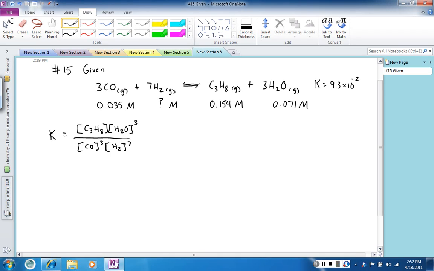Remember, we care about gases and aqueous species for making equilibrium expressions. We don't include solids or liquids. These are all gases, so they all get included.